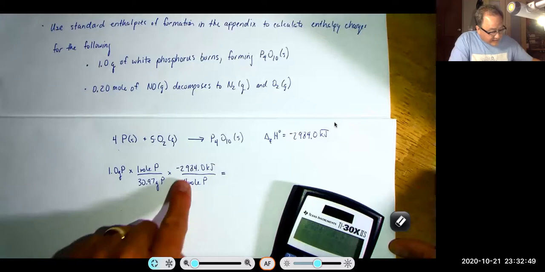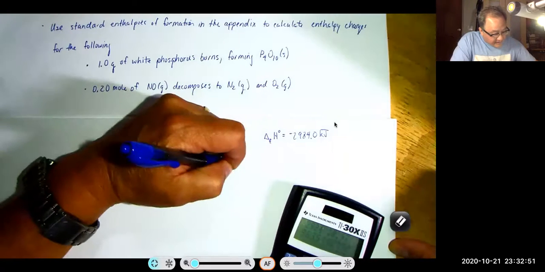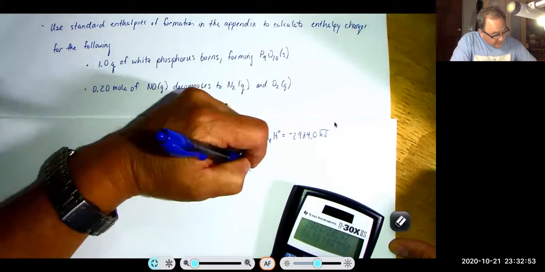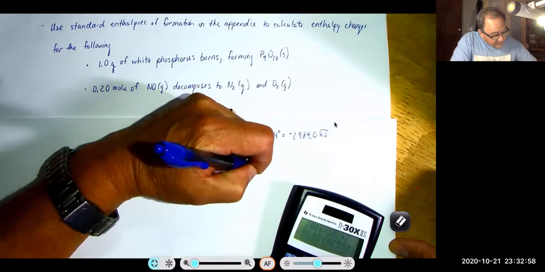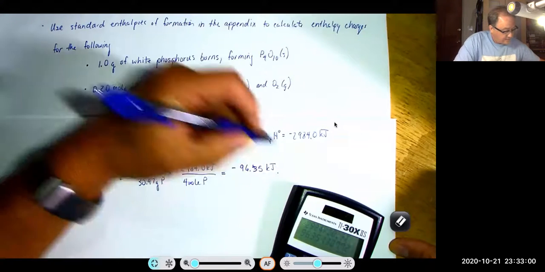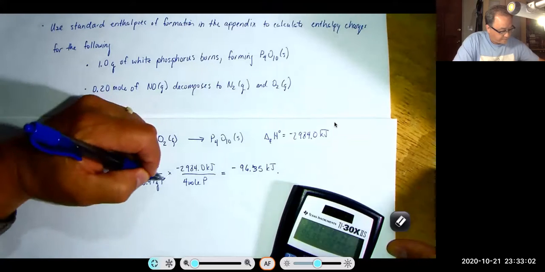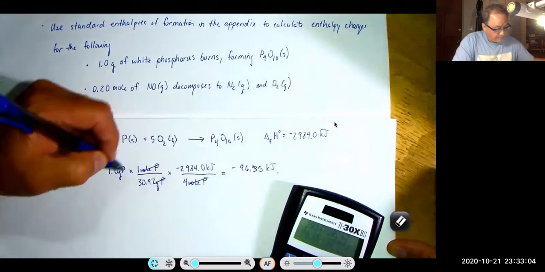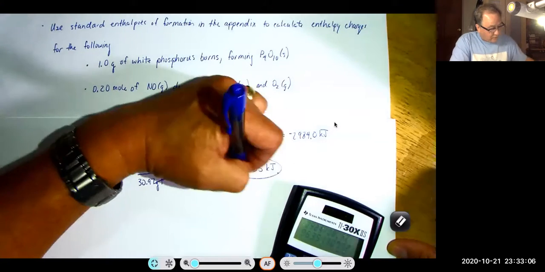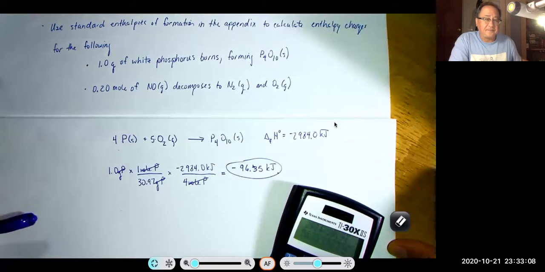And because that's a negative, we get negative 96.35 kilojoules total for our 1 gram of phosphorus.